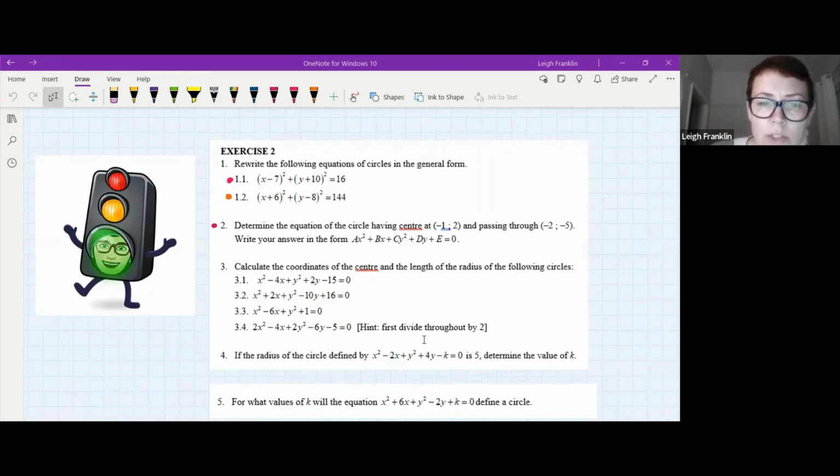What have you managed to do, Kumo? Ma'am, I did question 3.4, question 2, as well as 1.2. Oh, good. Well done. That's brilliant. Okay, so we'll go through the answers now. In the meantime, Kumo, you're welcome to have a look at question 4 and question 5. These are slightly more challenging questions once we've got the basics out the way. And I've also got a couple more questions below that as well. I don't know if we'll get to those, but we'll try.